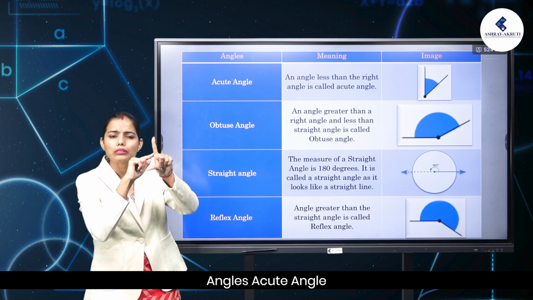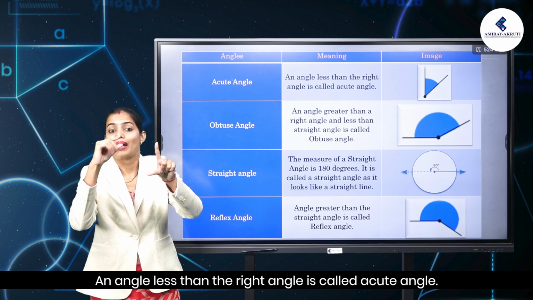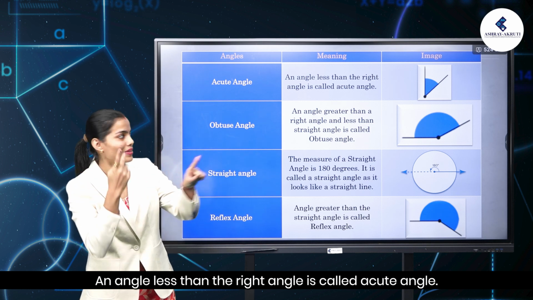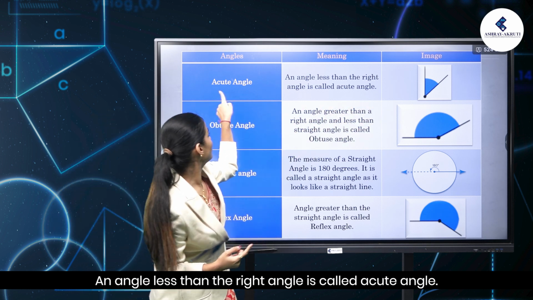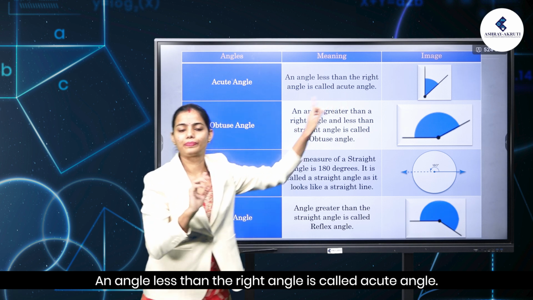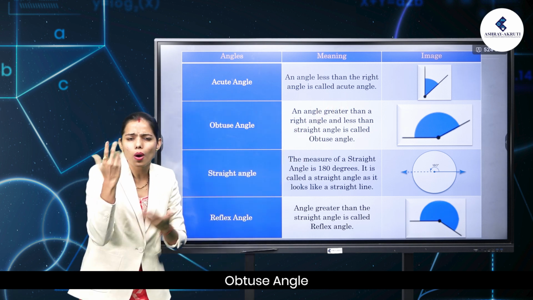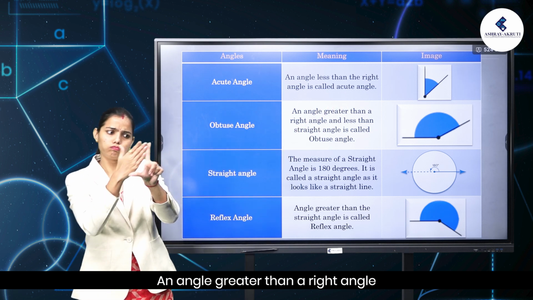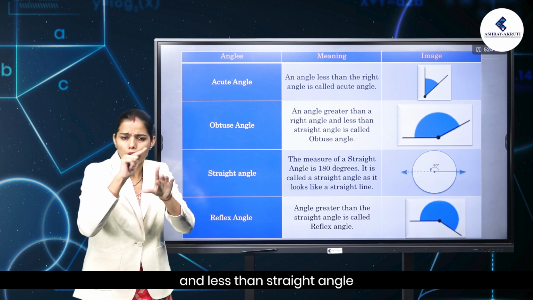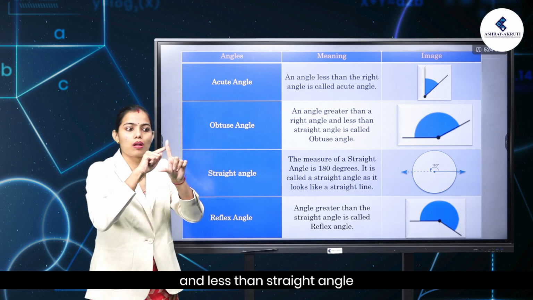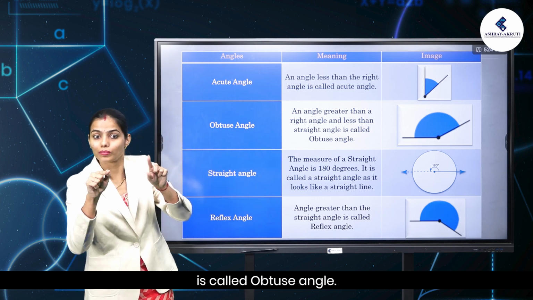Acute angle: an angle less than the right angle is called an acute angle. Obtuse angle: an angle greater than a right angle and less than a straight angle is called an obtuse angle.